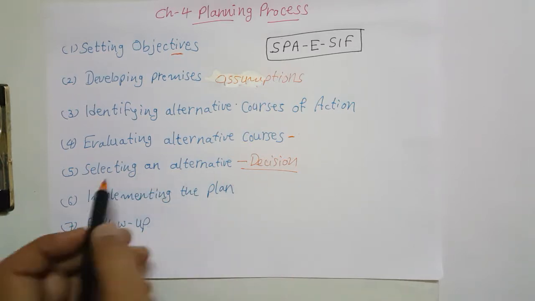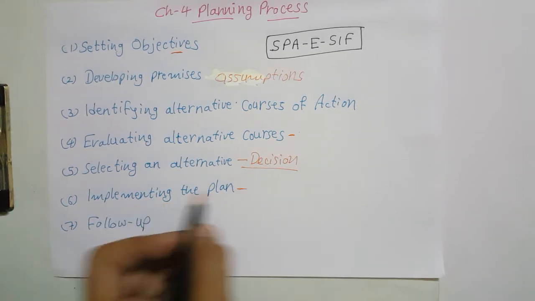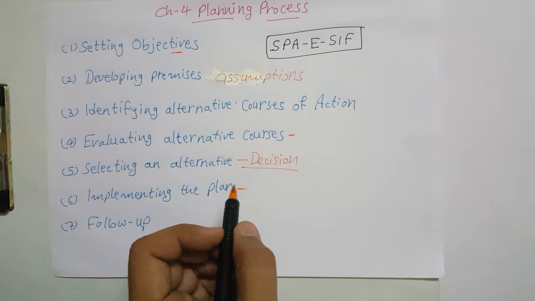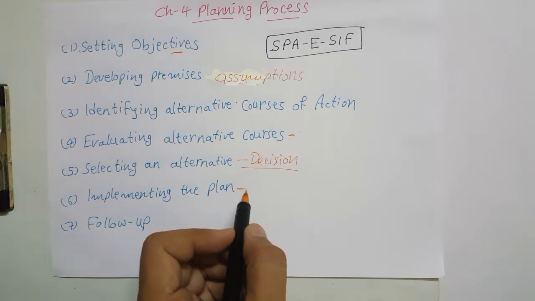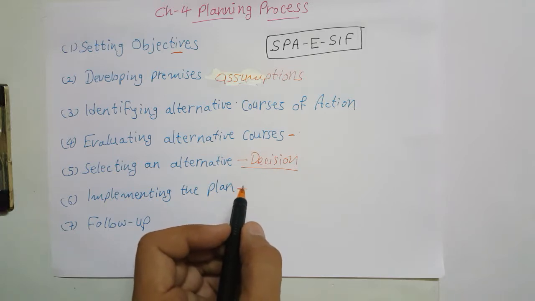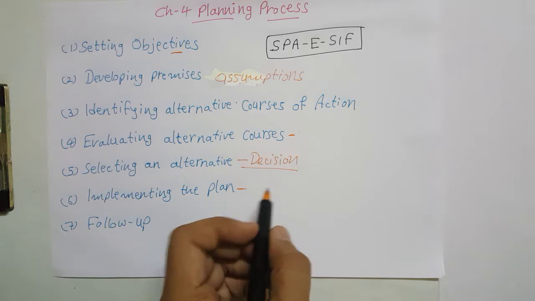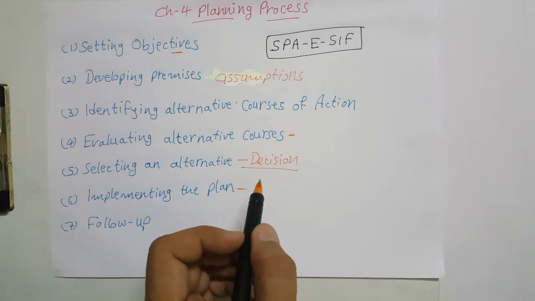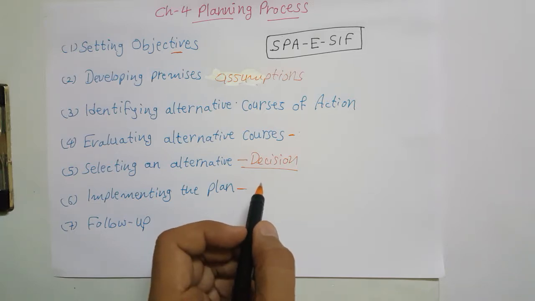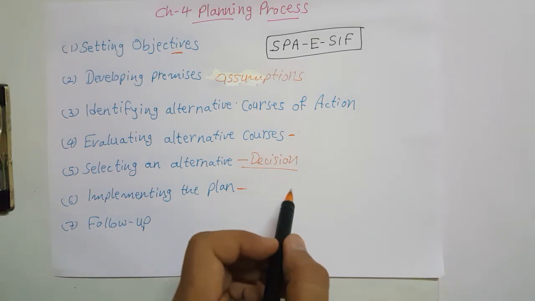After deciding the alternative, we have to take some steps to implement that plan, and whatever steps are required, we decide here. For example, if a company is deciding to produce smartphones, what kind of foreign technology do we require, what amount of capital is required, what kind of staff we require, and what kind of distribution network is required.